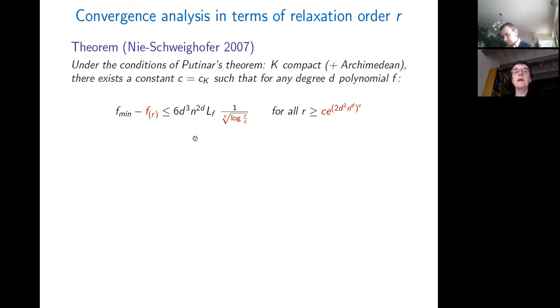There is a result by Nie and Schweighofer which gives such a result. You see the dependence on R is logarithmic, log R. And there is also this square root with the base C, where this parameter C is a constant which depends on the compact set. So it's nice because it shows the asymptotic convergence, but the convergence is rather slow.